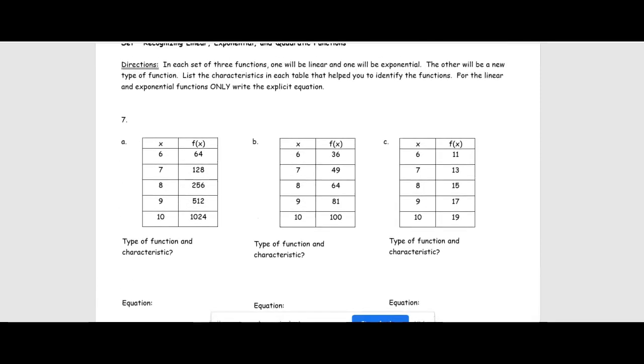Just do A, B, and C. Don't worry about the equation right now. Similar to yesterday, just do A, B, C for the table. And then tell me if you think those tables are linear, exponential, or now we can use the word quadratic, if we recognize the pattern that we just talked about above. All right?